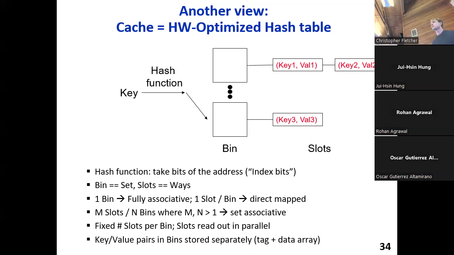This is just a performance optimization or an area optimization because they realize that in a hash table, if you hash to a given bin, then some of the address bits of your key are guaranteed to match the keys that are stored in that bin for the hash functions that caches usually pick, namely just taking a subset of the address bits out as the set index bits and using that to choose your bin. So that is just an area optimization. Conceptually, what we're doing is key matching on the whole address, or that's a better way to think about it.